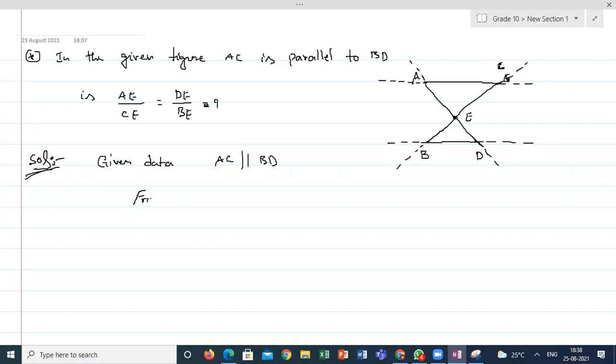From triangle AEC and triangle BED, angle AEC will be equal to angle BED. What is the reason, students? Is it vertically opposite angles?